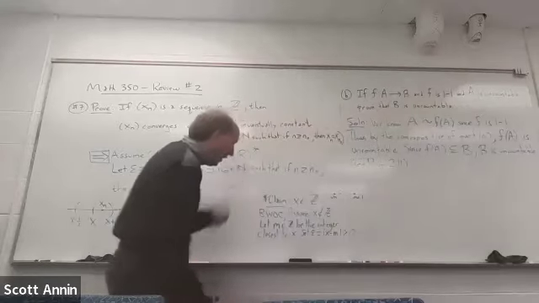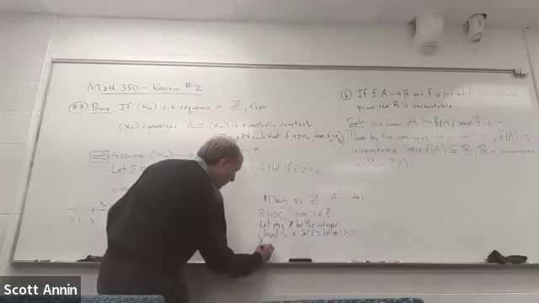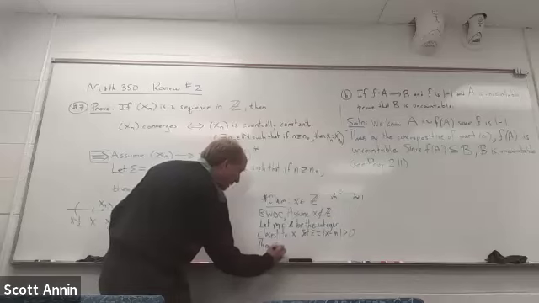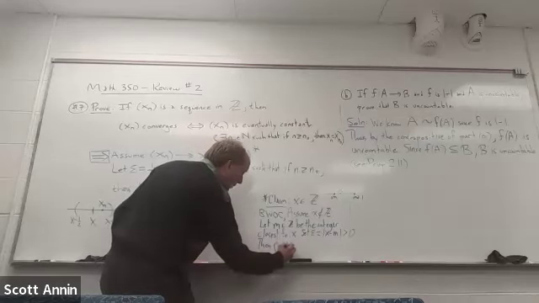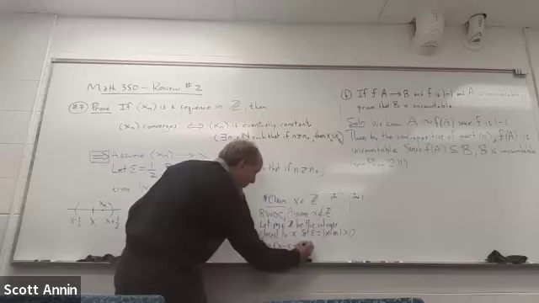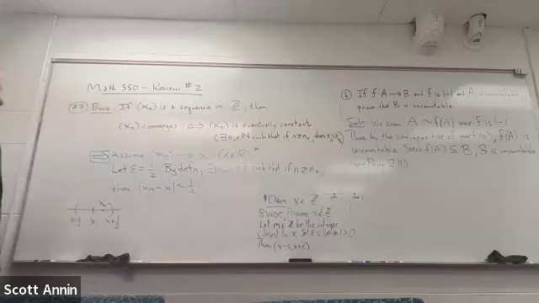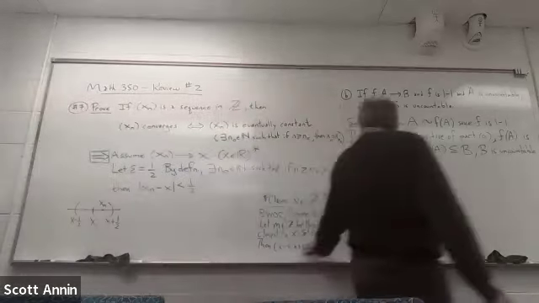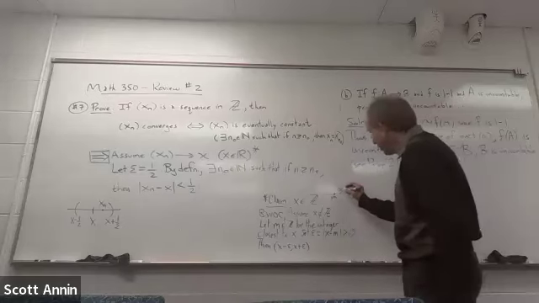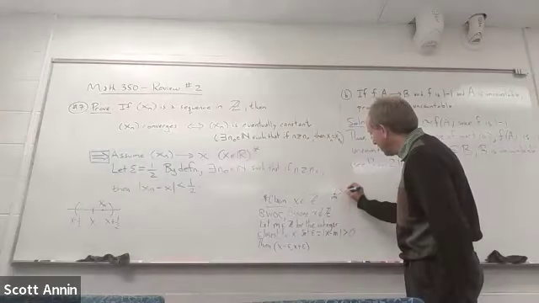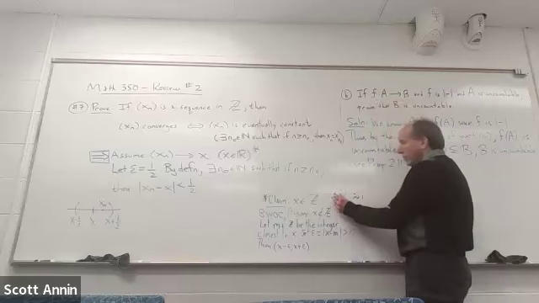Then the neighborhood that goes from x minus epsilon to x plus epsilon, that neighborhood contains no integers. Right, because what you're doing is you're making a neighborhood around x that has a radius that's right out to the edge of where m is.